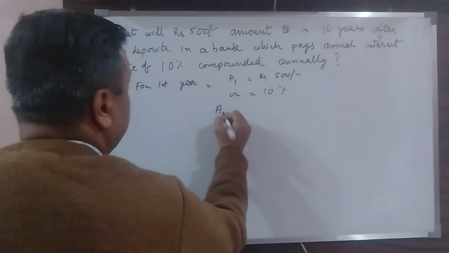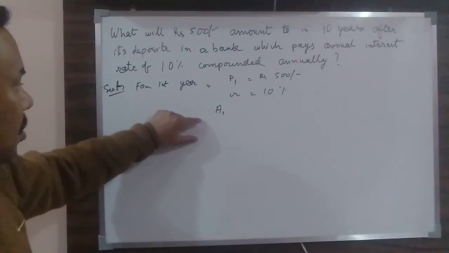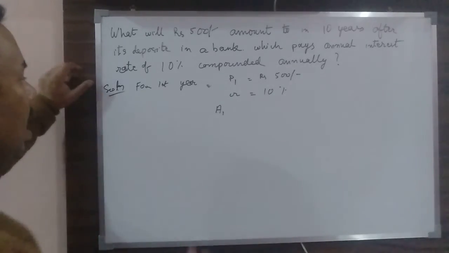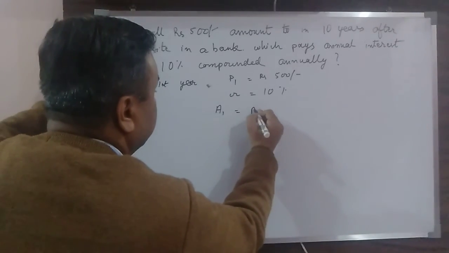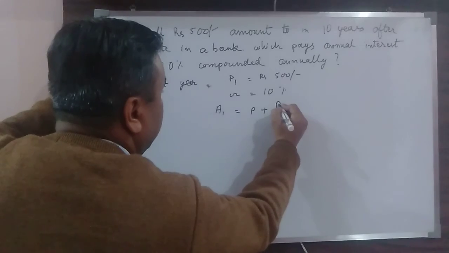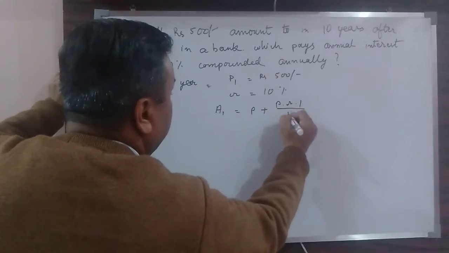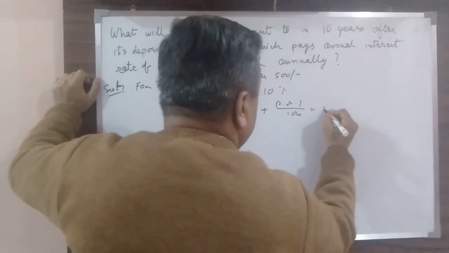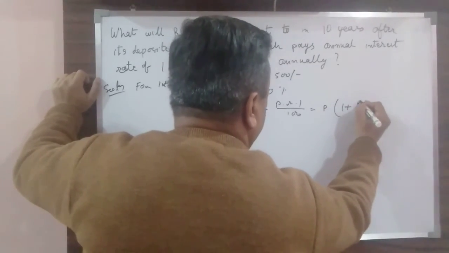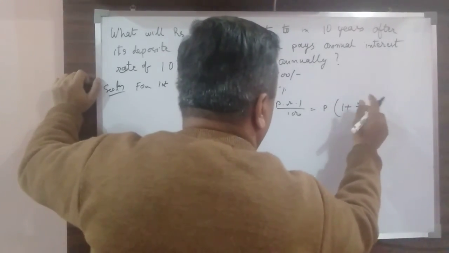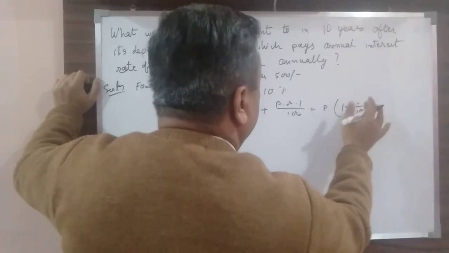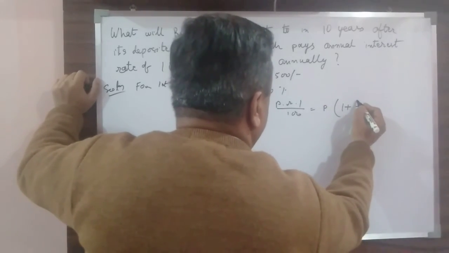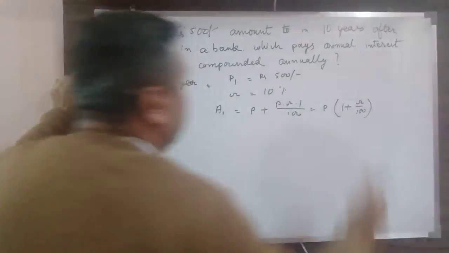What will be the amount after 1 year? After 1 year, the amount will be principal plus principal into r into 1 divided by 100. That is for 1 year only. So this becomes P multiplied by 1 plus r by 100, or 1 plus 10 by 100. Just take it as 1 plus r by 100.